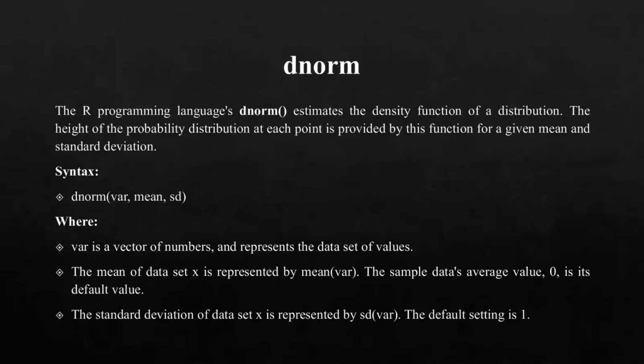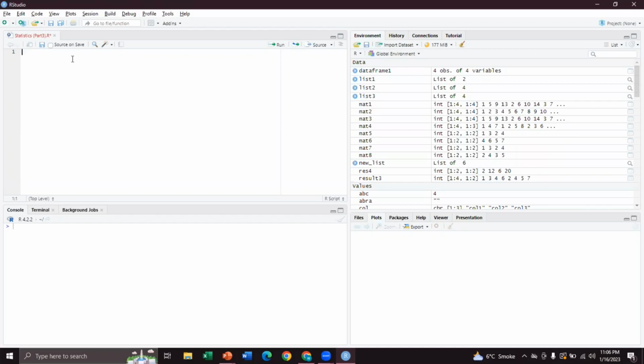Let's move to RStudio. Let's say first of all, I have a variable dnorm_var, and this vector contains a sequence of values from, let's say, -5 to +5, and the values are incremented by 0.1. All right, so it's time to make a variable with the name of result1.